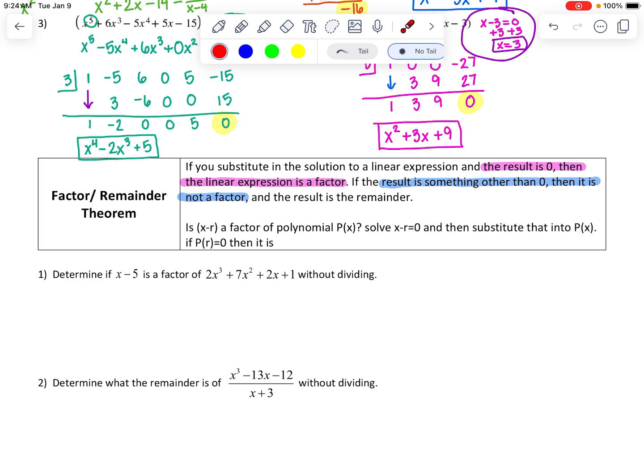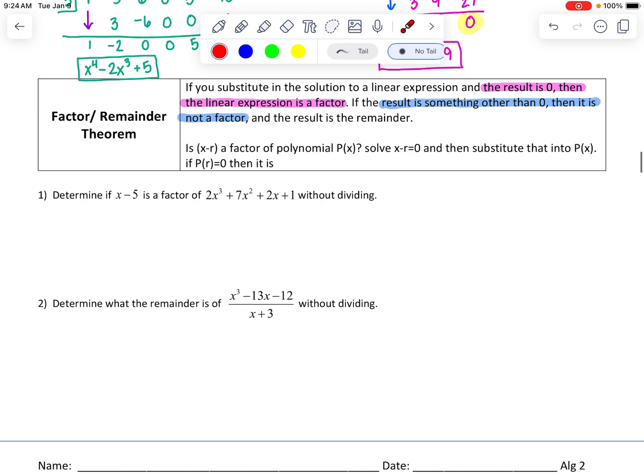So we'll get some practice with that, but we just want to take our expression, plug it into our polynomial, and then look at what our remainder is. So I'm going to start here on this first one. If I have x minus 5, I'm going to take x minus 5, set it equal to 0, and we're going to solve.